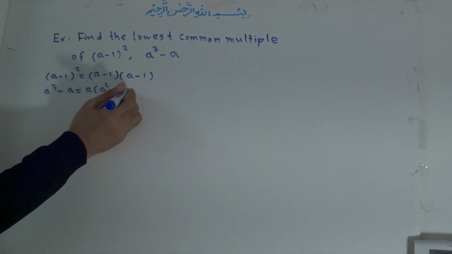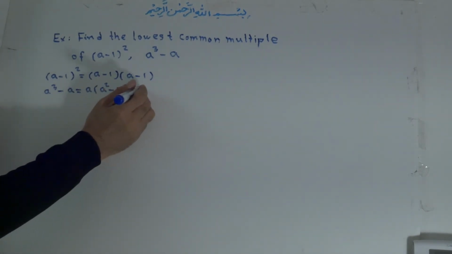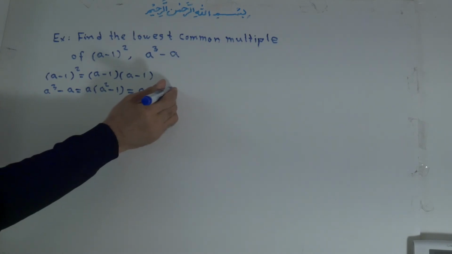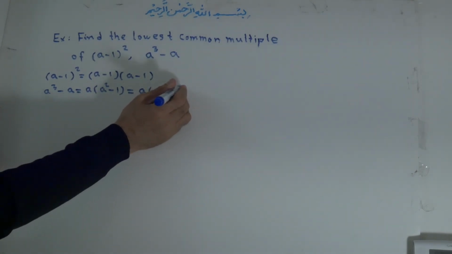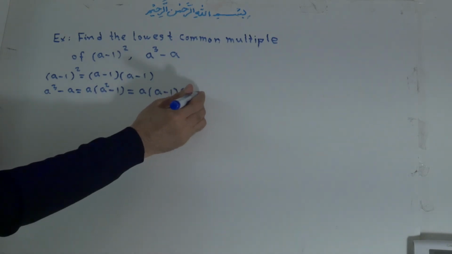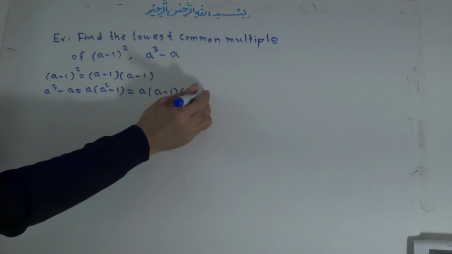Now it is a, and a to the power of 2 minus 1 means a minus 1 times a plus 1.